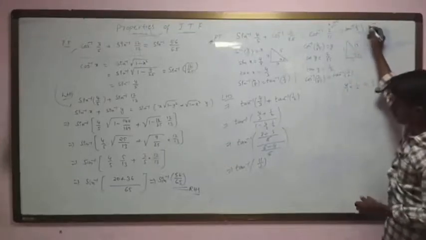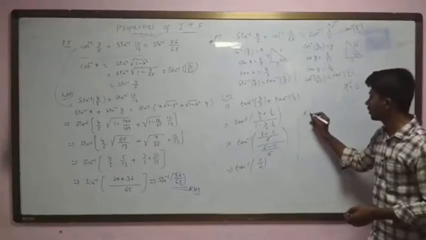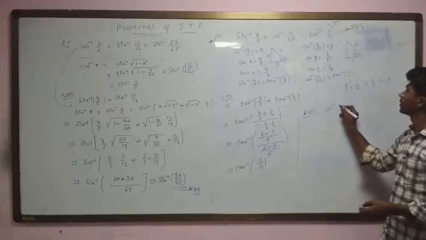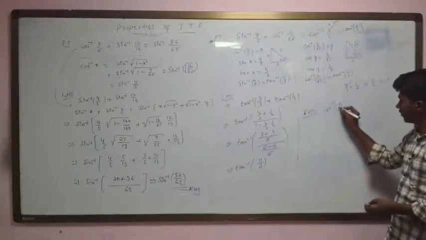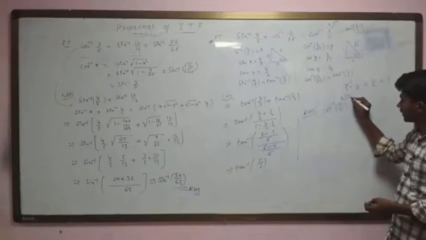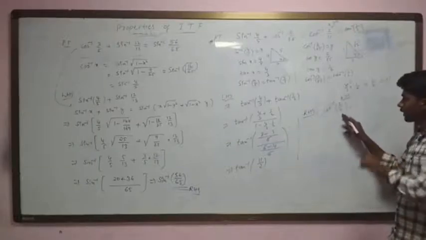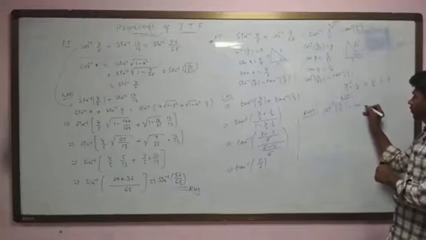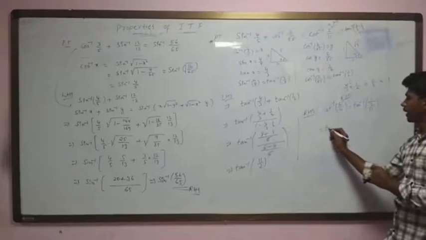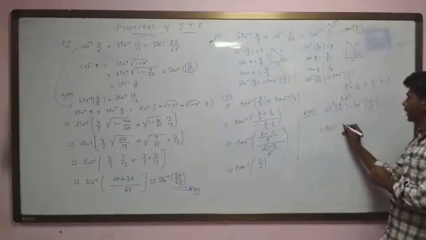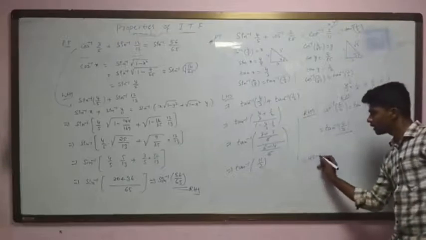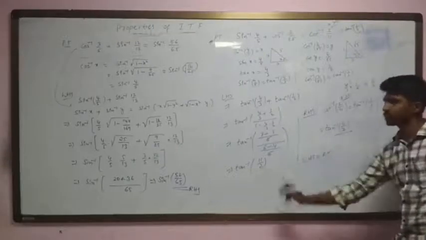Now I am taking the RHS, given as cot inverse 2 by 11. If I consider x greater than 0, cot inverse of x can be written as tan inverse of 1 by x. So tan inverse of 1 by 2 by 11 can be written as 11 by 2. Therefore, LHS equals RHS.